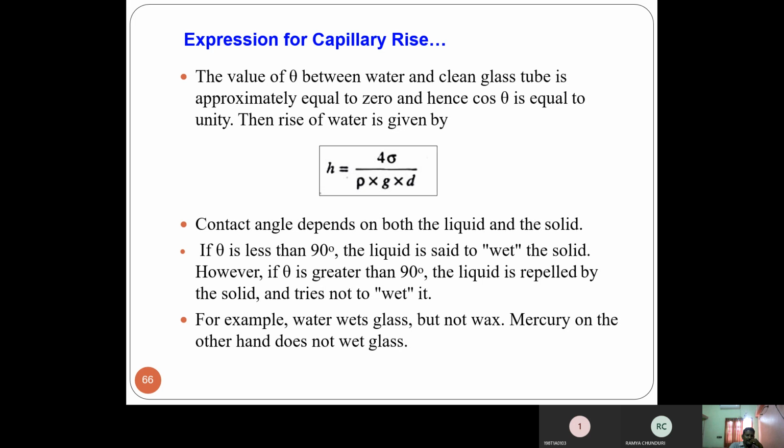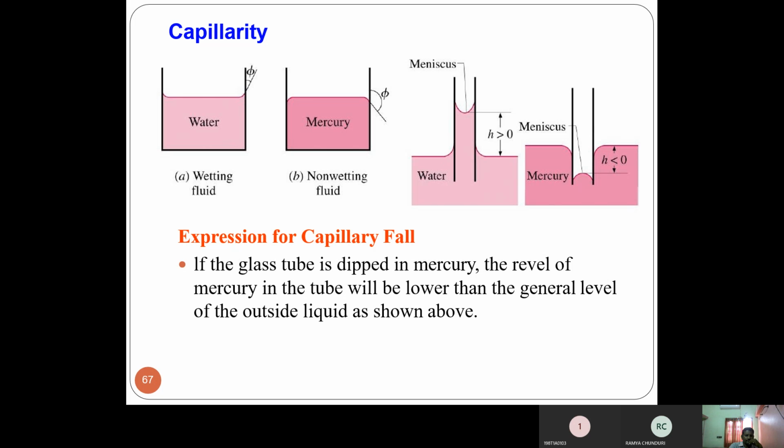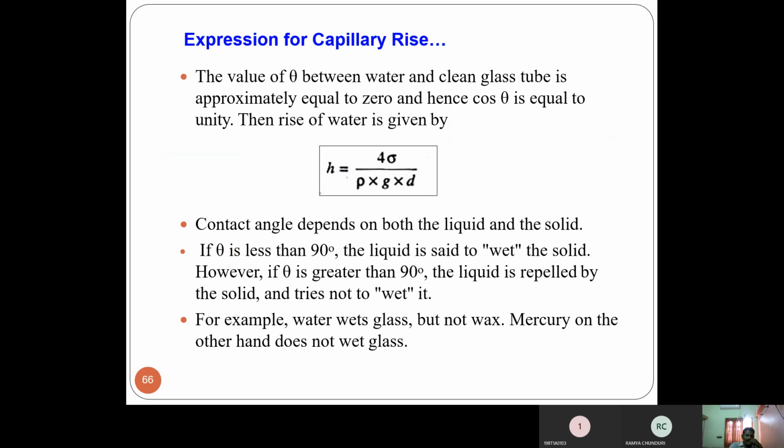Contact angle theta depends on both the liquid and the solid. If theta is less than 90, the liquid is said to wet the solid.